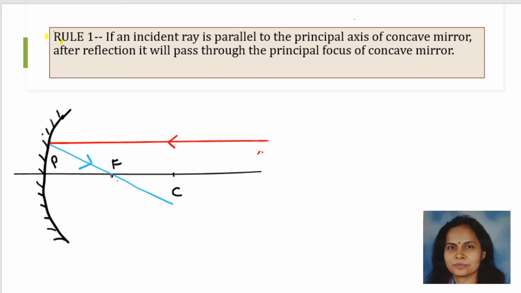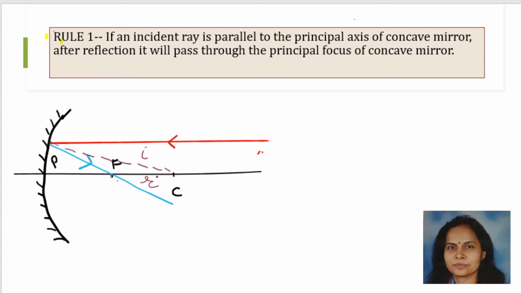This is your point of incidence, and to draw the normal at this point, you just join this point of incidence with C. So this is your normal, and this will be your angle I and this will be angle R. In all the rules, angle I is equal to angle R, right?